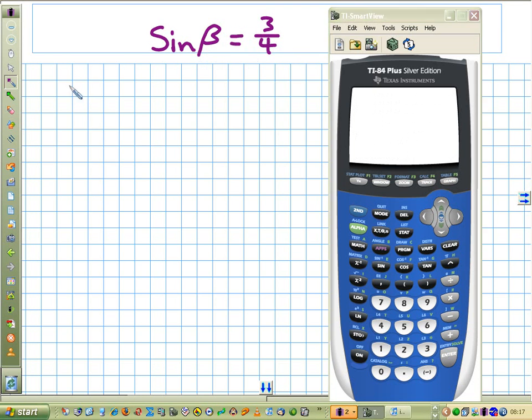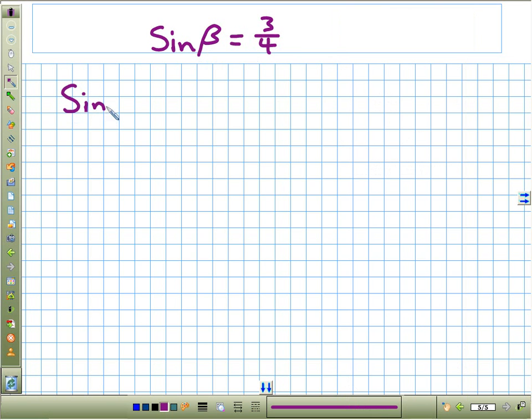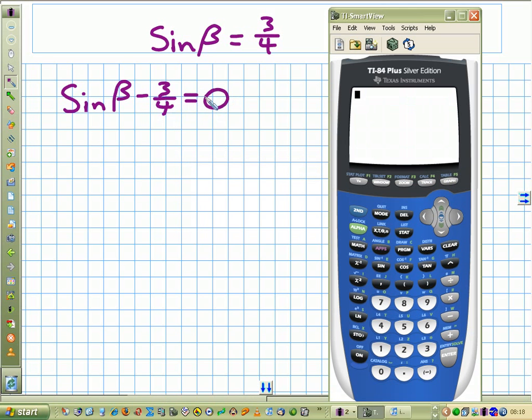First thing we need to do is get everything on one side of the equation and have a 0 on the other. So I need to bring the 3/4 over. I just subtract 3/4 from both sides. After I subtract 3/4 from both sides, I go into y equals and clear out anything that's in there, and now I'll just put sine x minus 3/4.